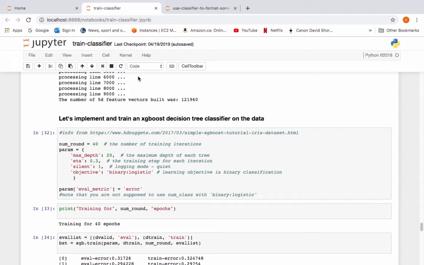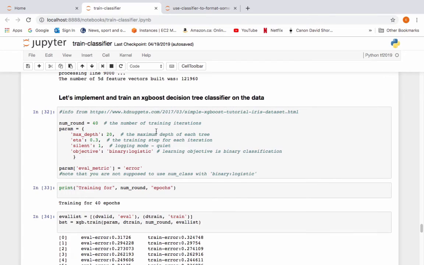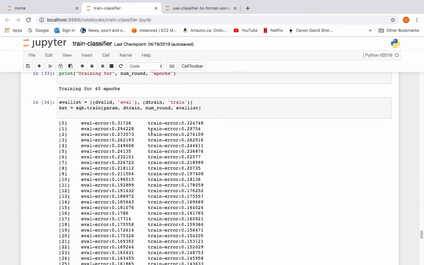So let's take a look at the code. Up above in this Jupyter notebook, I create all the Chinese 4-grams and assign labels to them. And actually, it takes the code a long time to create that data because we're dividing the Chinese corpus into 4-grams and then labeling that. So it took hours to do that kind of processing. And down here is where I implement an XGBoost decision tree classifier. And I train it on the 4-gram data for 40 epochs, I think.